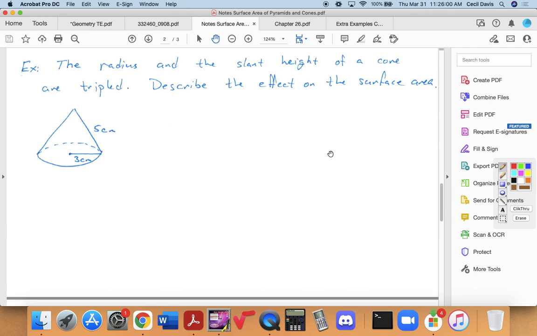Okay, so if I found the surface area of this figure and then tripled the radius and the slant height, I'm making this cone 3 times larger in every dimension. I'm tripling every dimension. It would still be square. Right?